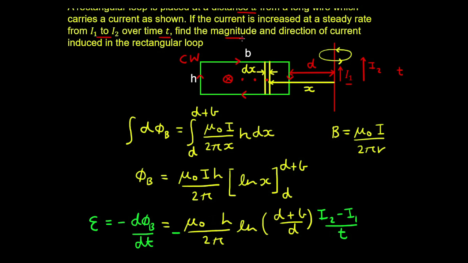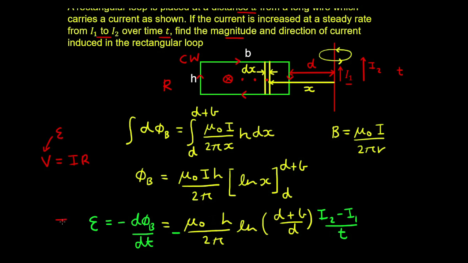And the magnitude of the current is obtained if we assume the resistance of this loop of wire is R. So remember, by Ohm's law, the voltage is equal to the current by the resistance. So here, the voltage is the EMF induced in this loop of wire.